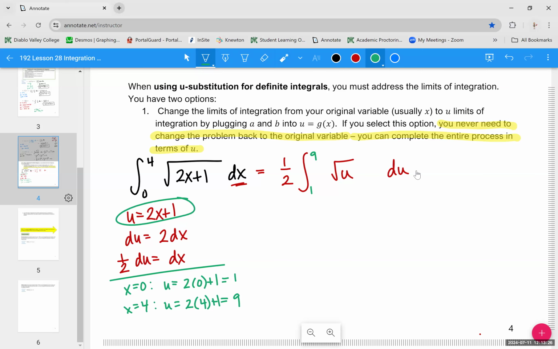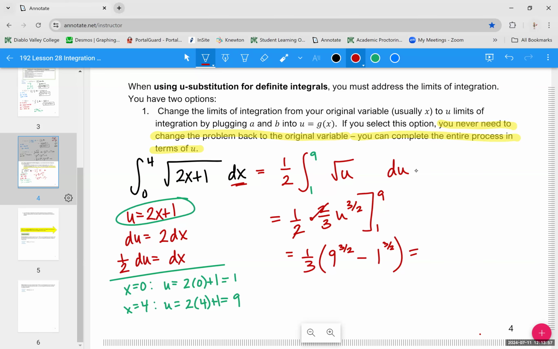And so what we've done now is we've completed the whole thing over to u, and you can finish the problem this way. You do not need to convert back, because you have converted your limits. So we have 1/3 times 9 to the 3 halves minus 1/3 times 1 to the 3 halves.